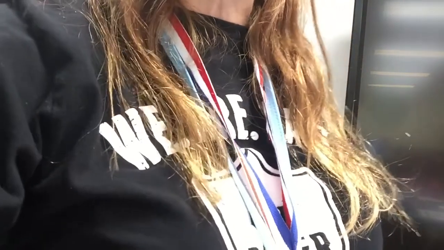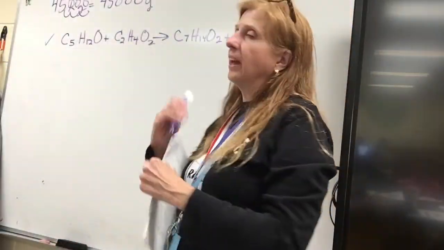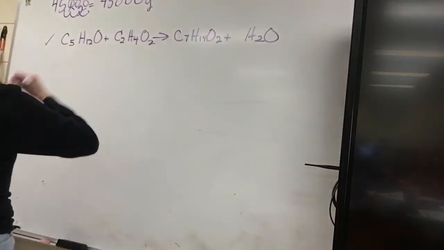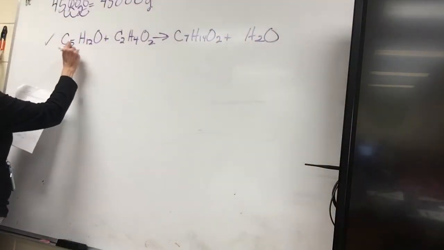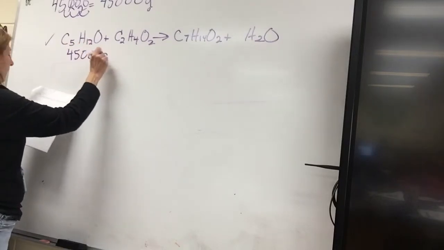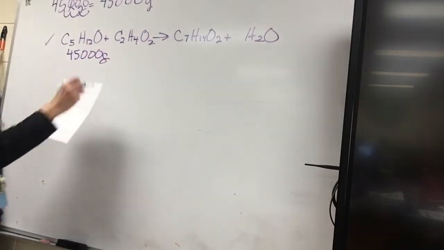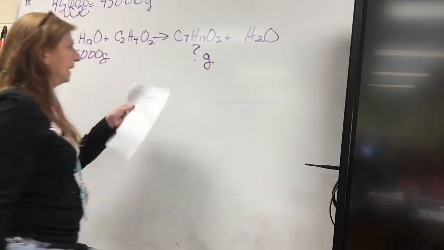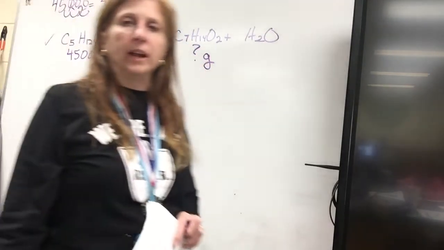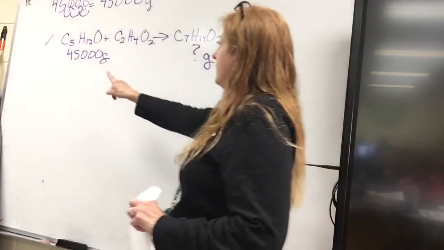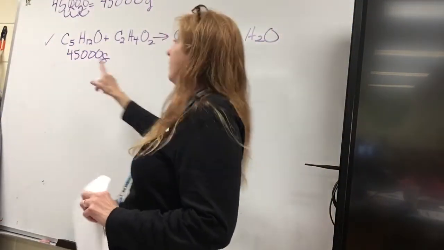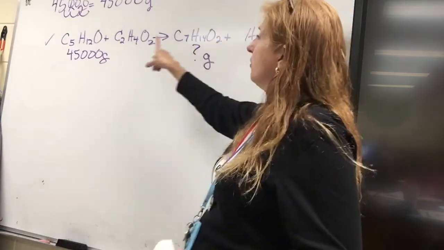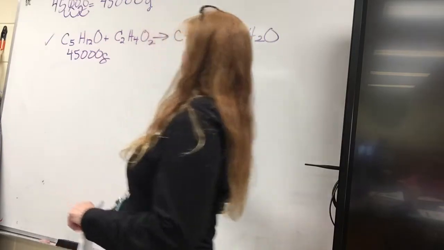Okay, good so far? The next step, we write what we know and what we don't know. And we know that we have 45,000 grams of isoamyl alcohol, and we're trying to find out how many grams of banana flavoring we can make. So you write down what you know with the units, and what you don't know, write a question mark with the units underneath the chemicals.